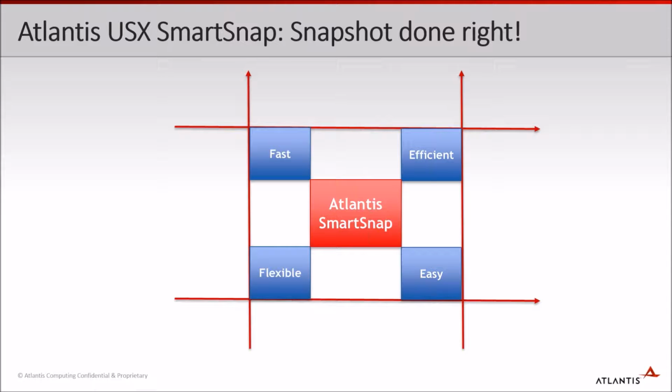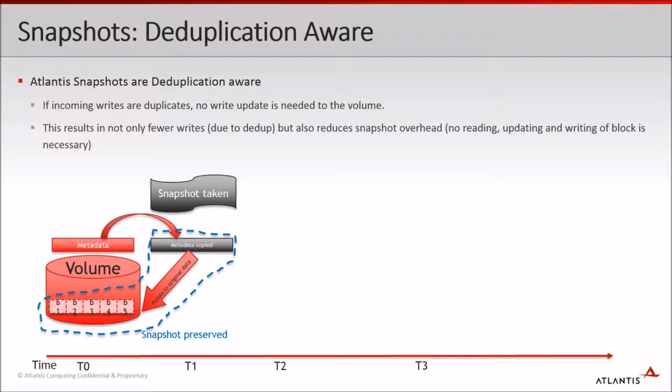What does that mean? Let me walk you through what happens when a snapshot is taken. Imagine a scenario where you have a volume and you take a snapshot at time t1. We internally just do some metadata tracking and state that a snapshot has been taken for these blocks, and we make a copy of the metadata. After that, let's say a unique write comes.